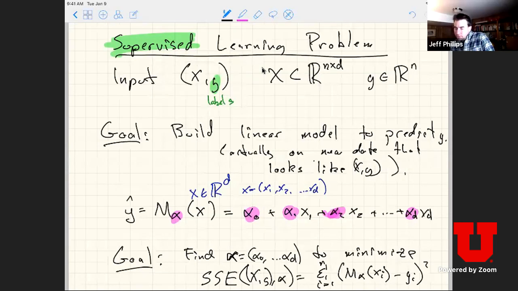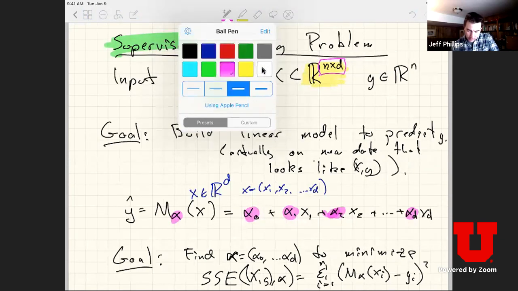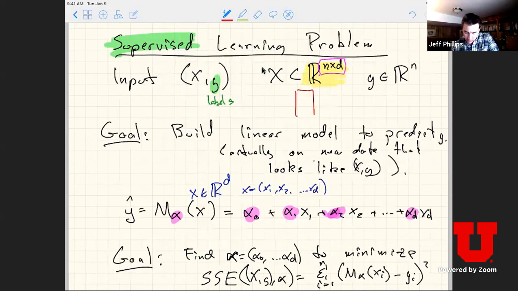So x is a subset of R n cross D, not times D, cross D. There's a question about this notation up here. If you remember, this means x is going to be a matrix, n cross D. That tells me the dimensions of a matrix. So just to be clear, x looks like this, where I'm going to have n rows and d columns.